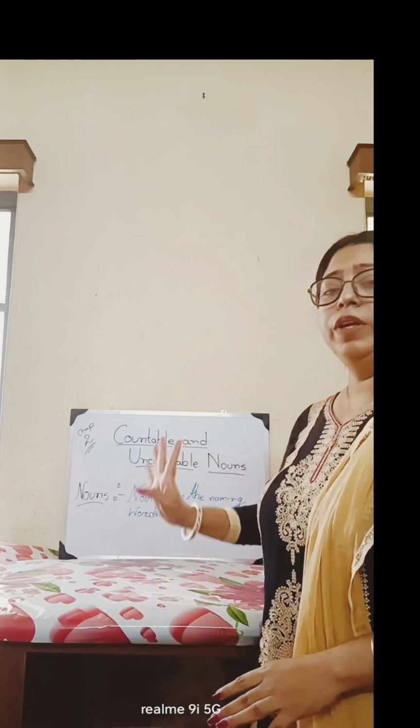Understand? So now, what are countable and uncountable nouns? The nouns which we can count are countable, and those which we can't count are uncountable nouns. Examples of countable nouns are trees, cats, dogs, whereas some examples of uncountable nouns are sugar, water, juice, salt.